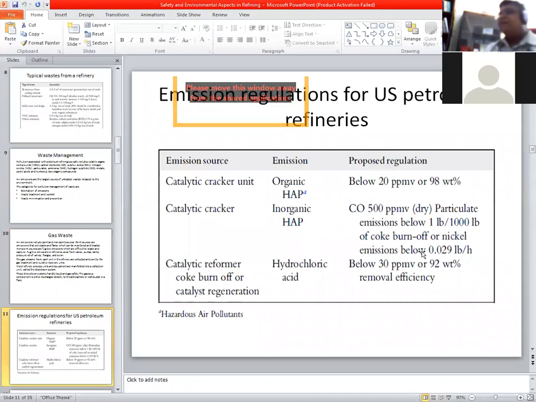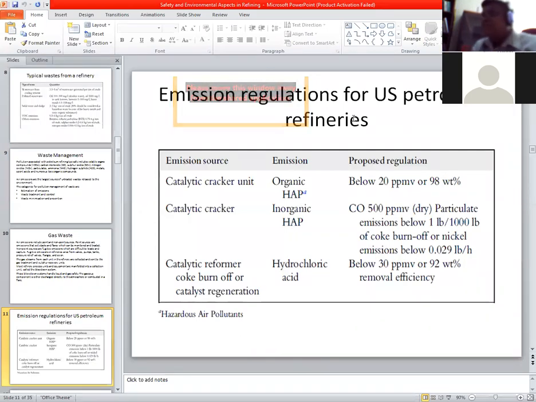See here, there are some recommendations and regulations for these sources, such as the catalytic cracking unit. Just for your information, emissions from catalytic cracking can be organic HAP, which stands for hazardous air pollutants, or inorganic hazardous air pollutants.